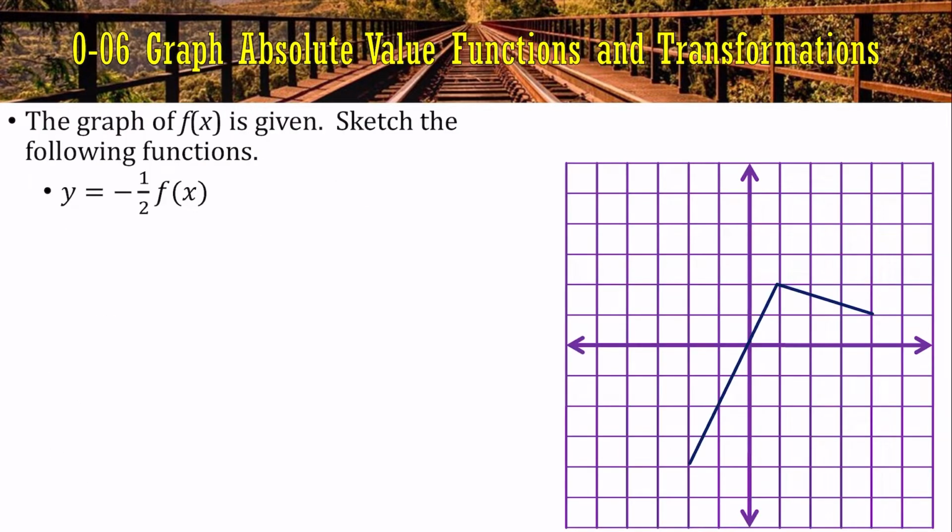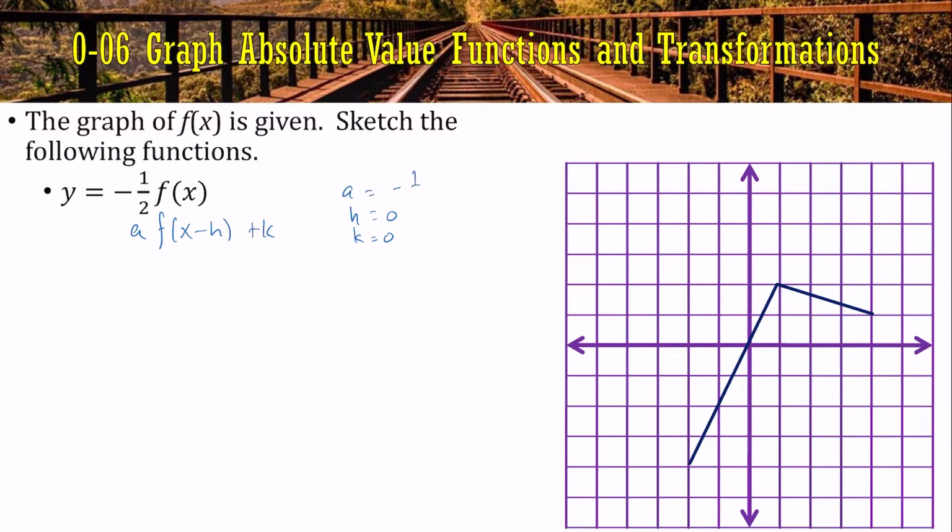All right, the graph of f of x is given, so it's these two black lines on there. Sketch the following functions. Y equals negative 1/2 f of x. So if we compare this to the a, f of x minus h plus k, you can see there's no h and k, so h and k are 0, so there's no translations. But we do have this a.